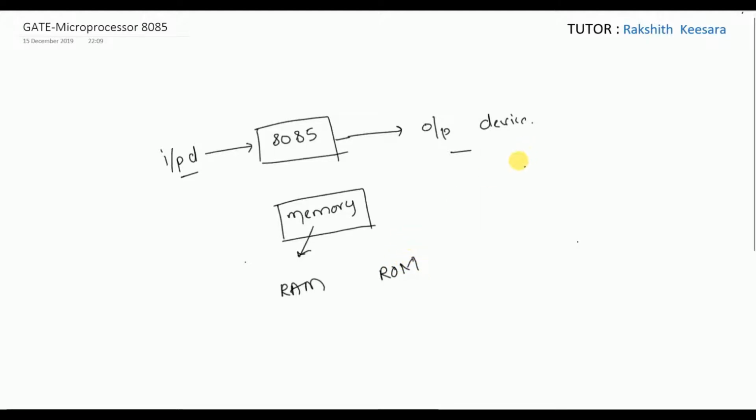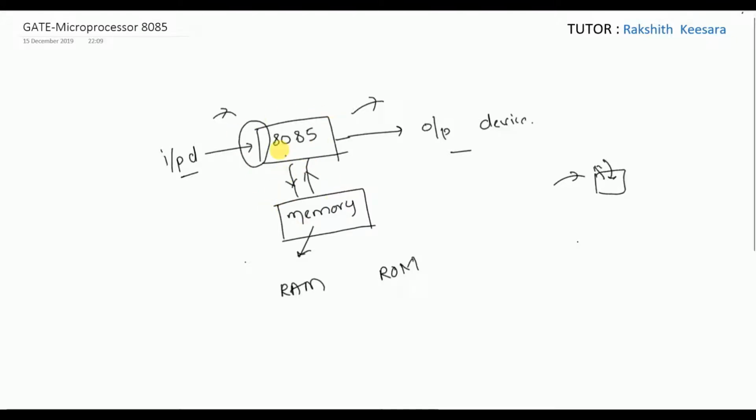So what I said is that 8085 will generate the address. At that address, whether to read the data or write the data will depend upon the control signal generated. So guys, see, 8085 can take data from the input device, or write data into the output device, or send data into memory, or take data from memory.